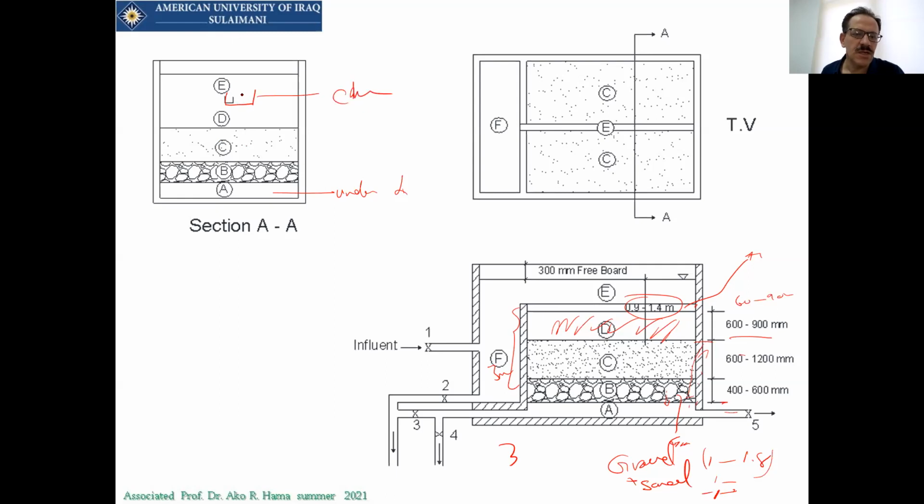Because this channel is used to collect water when we backwash the filter. The water comes this way, and it will rise and rise until it reaches the channel. By the way, this is the Q in, and this is the Q out. When you want to wash this filter, you have to close the Q in and reverse the flow, and there will be another exit area, which is this trough.